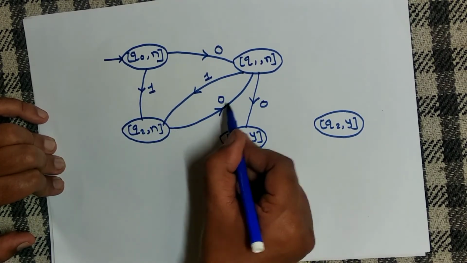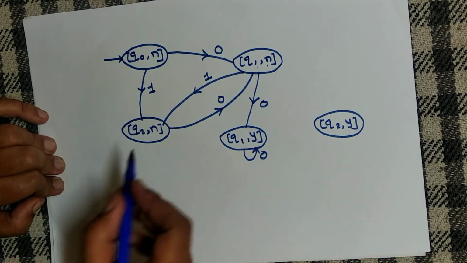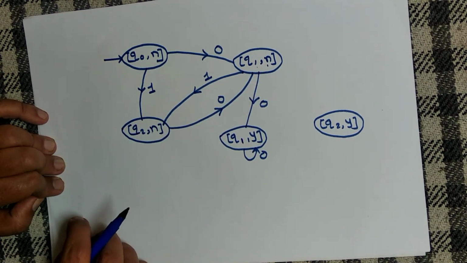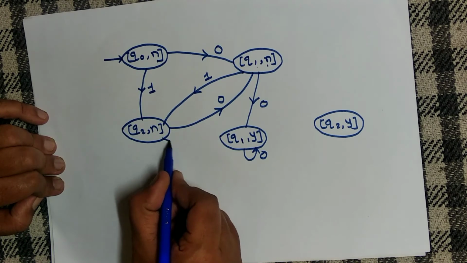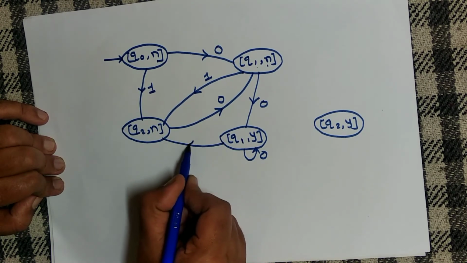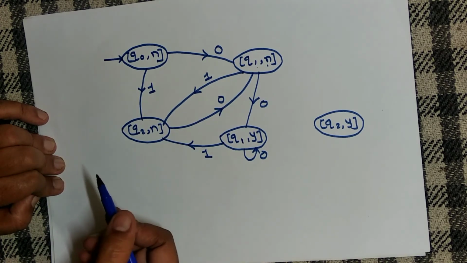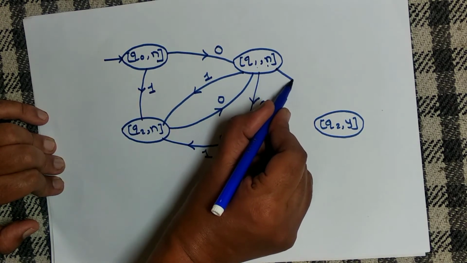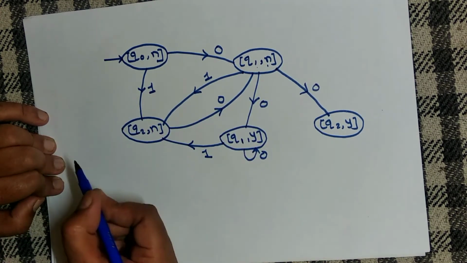Q1n is what? Q2 by taking 0 goes to Q1 and gives the output as n. Then next, Q1 by taking 1 goes to Q2 and gives the output as n. See here. Next, which one is remaining? Q1's 0 is remaining. That gives the output as y. So here I made the transition.